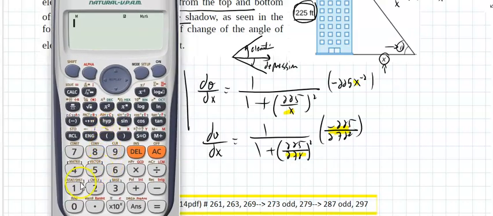Negative 225 divided by 272 squared, over 1 plus 225 divided by 272 squared. That'll be the answer in exact form.